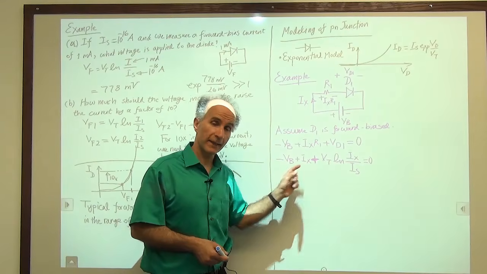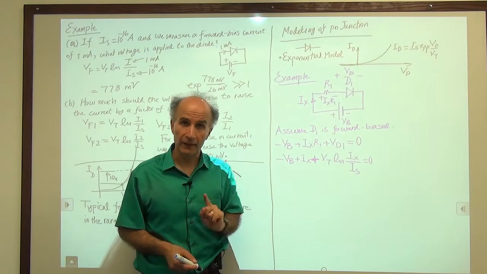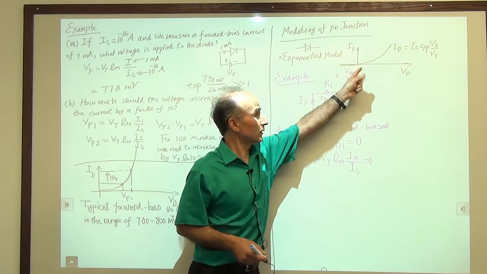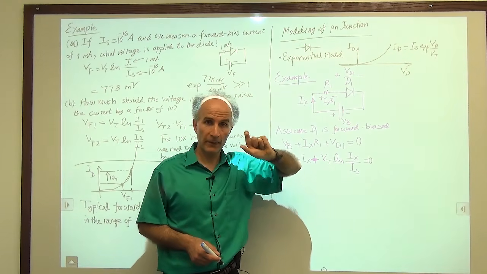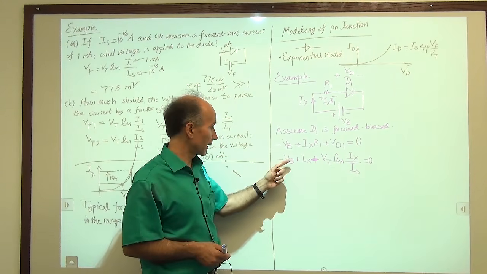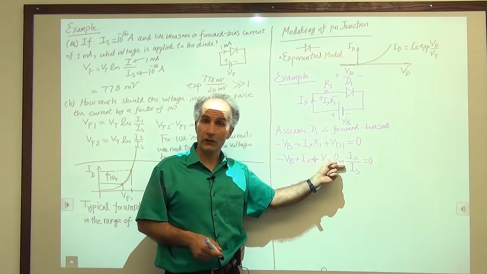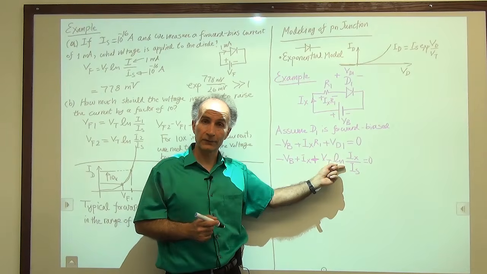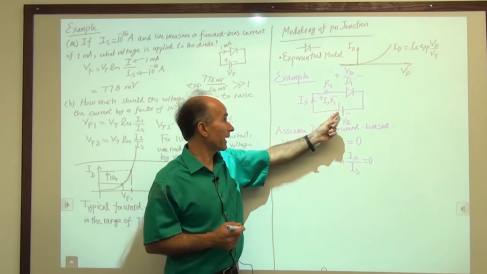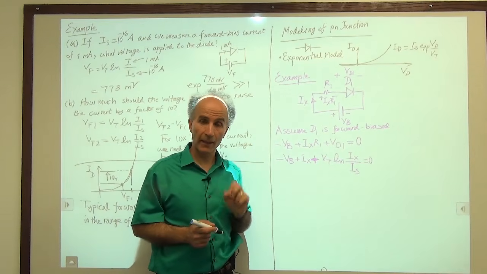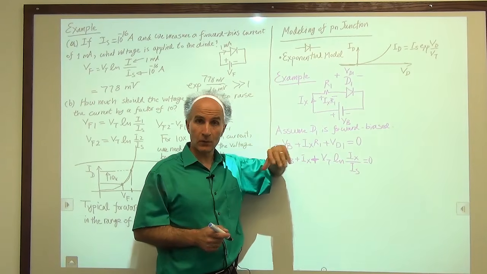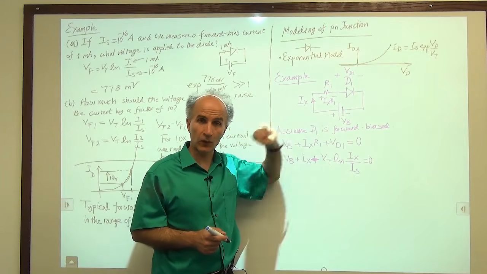But the point of this example was really one thing, and that is, if we use the exponential function to represent the diode in our circuit analysis, we very quickly reach equations that are not easy to solve. This is with only one diode, one battery, and one resistor. You can imagine what happens if we have several diodes or some more complex network.